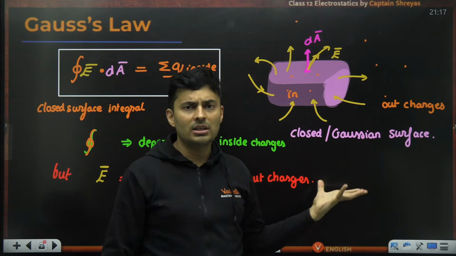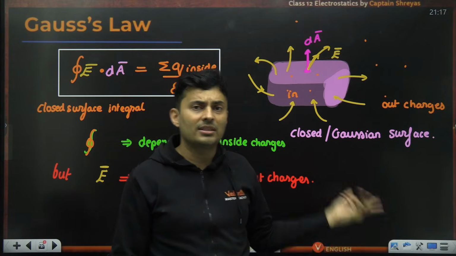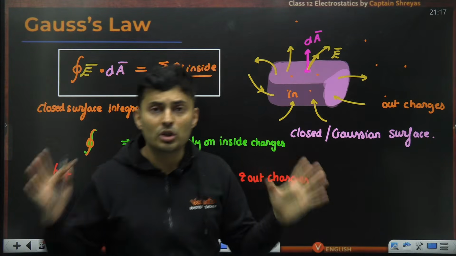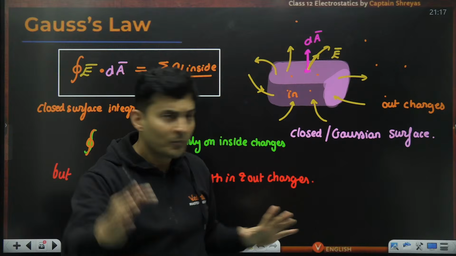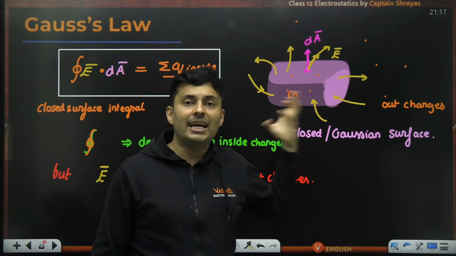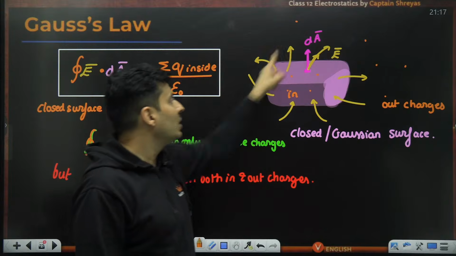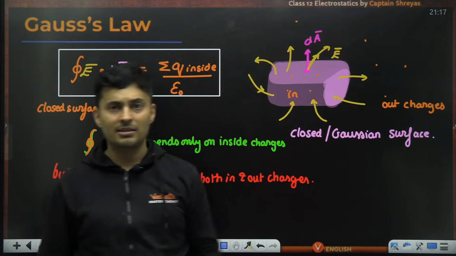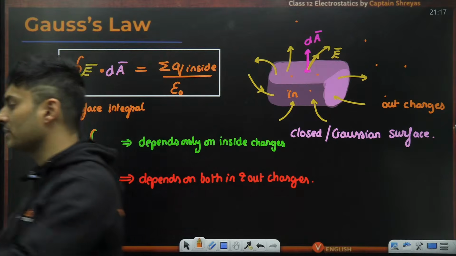Whether you choose the Gaussian surface or you don't, those field lines would exist in spite of you choosing or not choosing. So those field lines were dependent on all the charges. It's the net electric field. But when you integrate them, the answer only depends on the inside charges. That is the funny thing about Gauss's law.